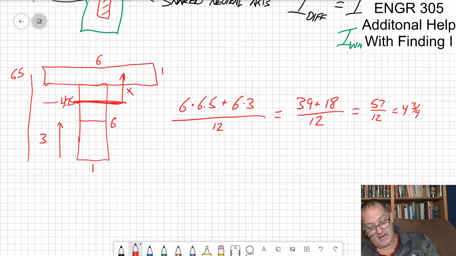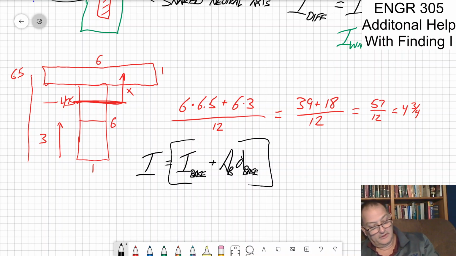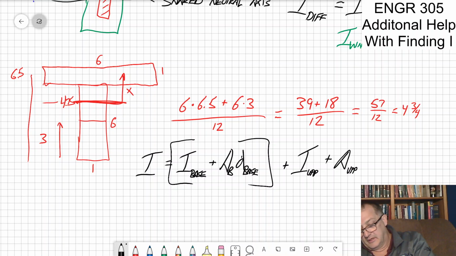So now to find I, it's equal to I of the base plus the area of the base times the distance the base has to move, and that's just for the lower part. Then you have to do the upper part: I for the upper plus the area of the upper times the distance that it has to shift.